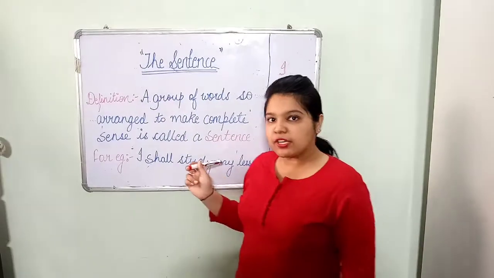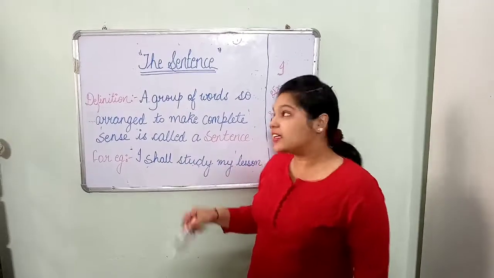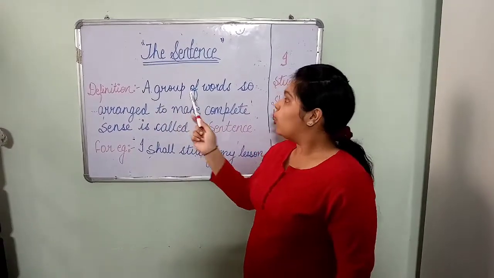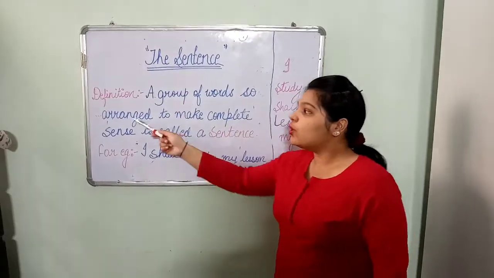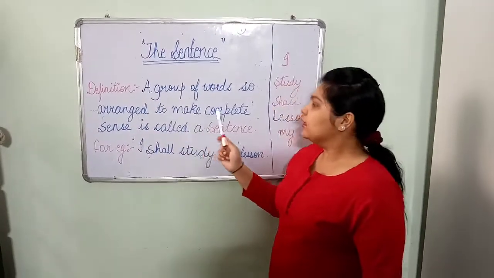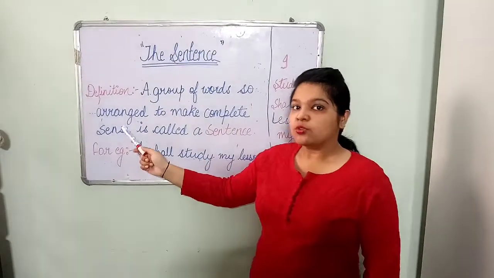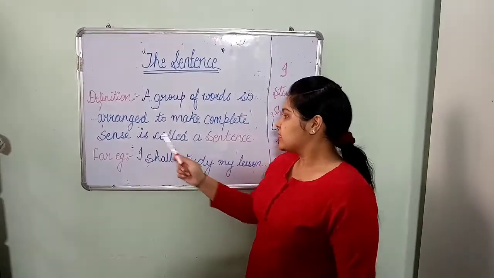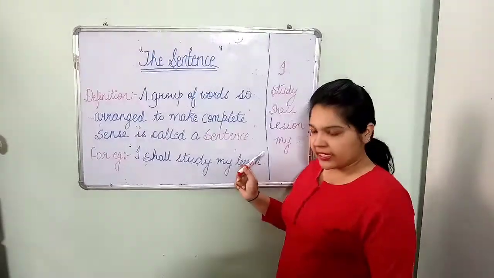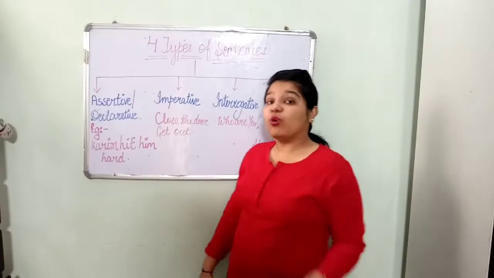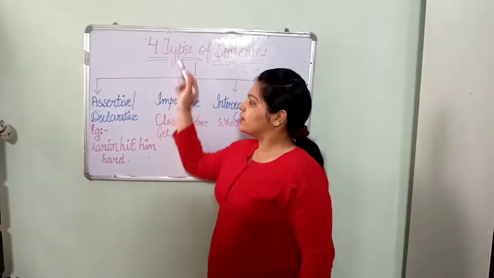So you must have understood what a sentence is. A sentence is a group of words so arranged to make complete sense. Four types of sentences, meaning four kinds of sentences, are there.